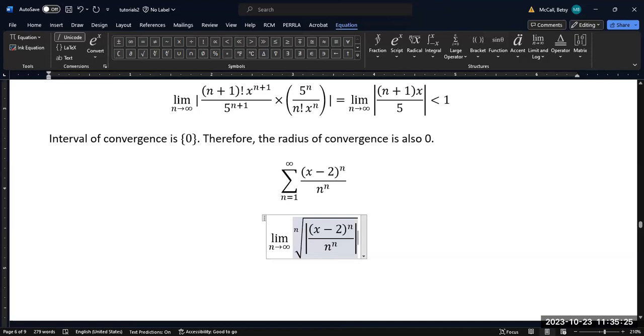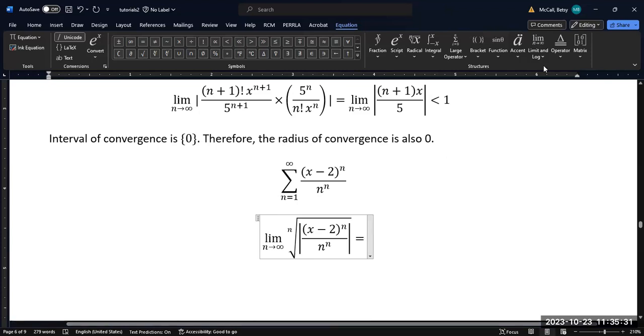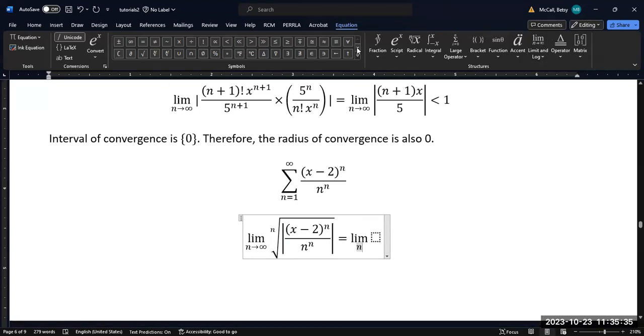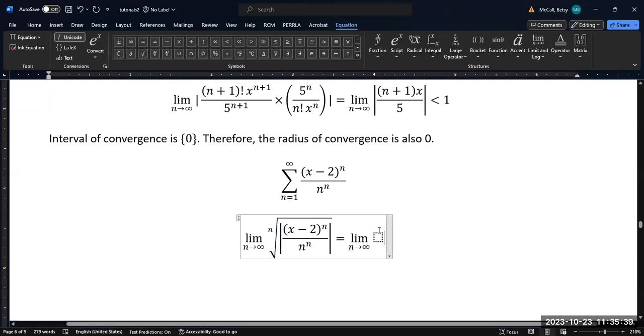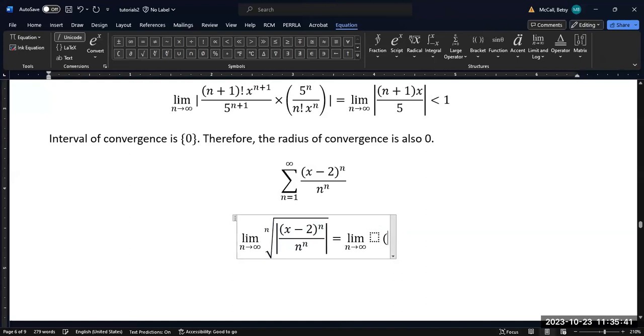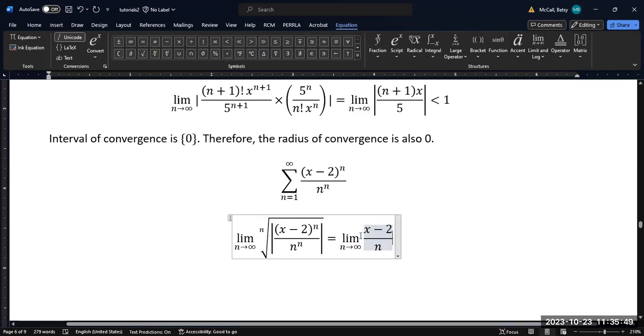But when we cancel our powers of n, we end up with the limit as n goes to infinity of x minus 2 over n. And again, there's technically absolute values in here.